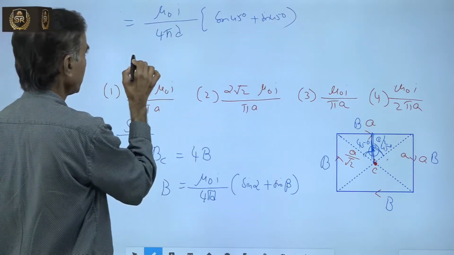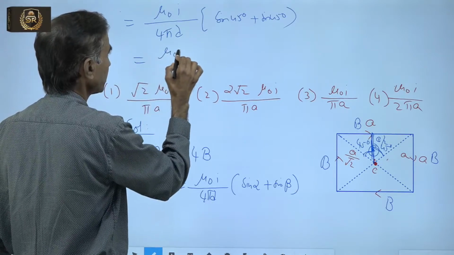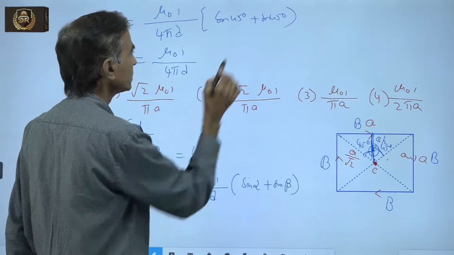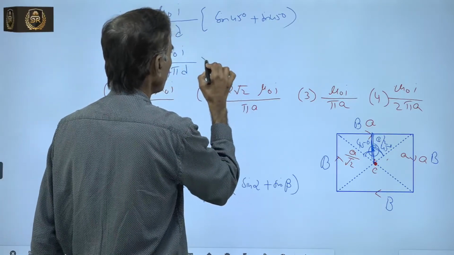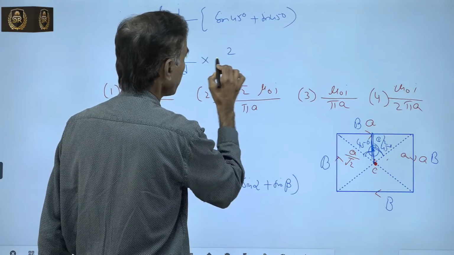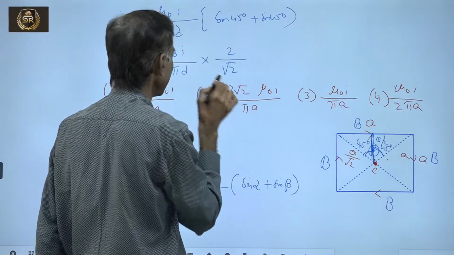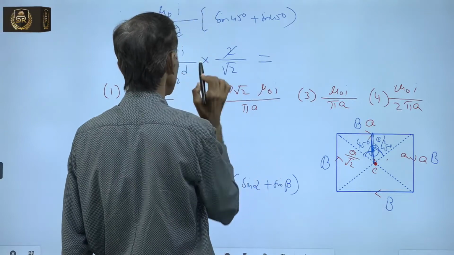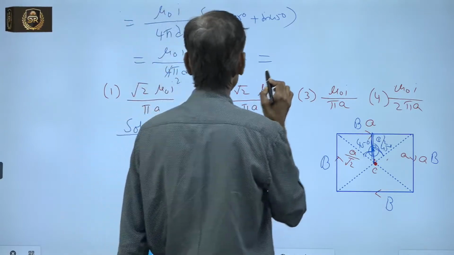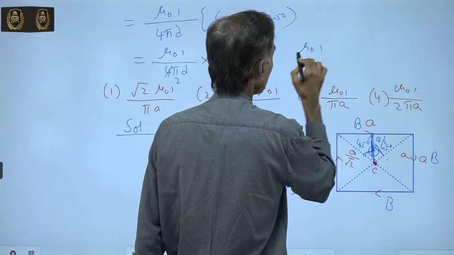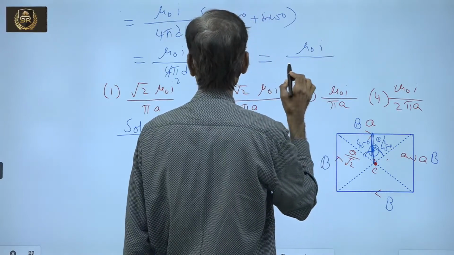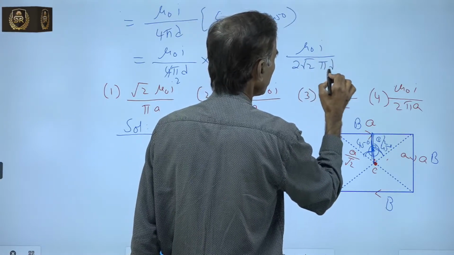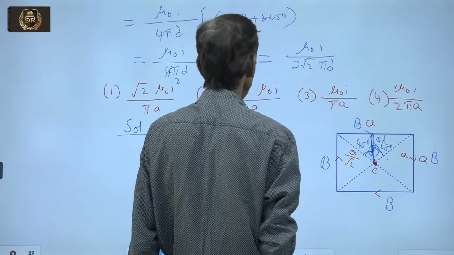That is 1 by root 2 plus 1 by root 2, which is 2 by root 2. So we will get mu naught I divided by 2 root 2 into pi d.